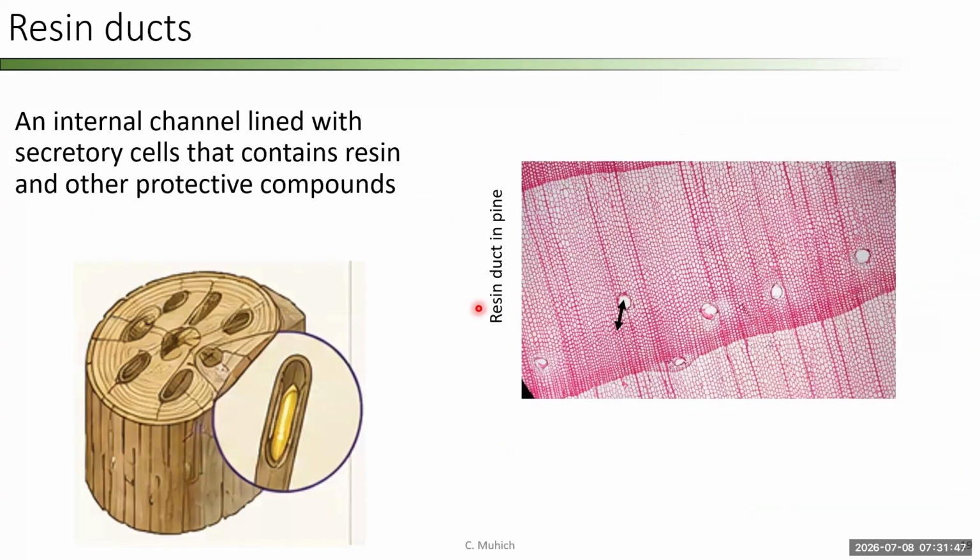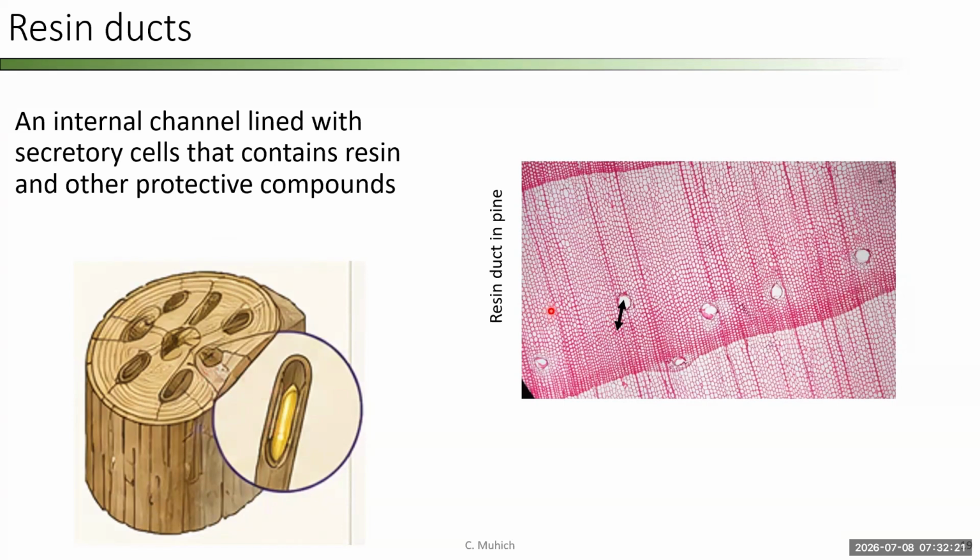The last structure that I want to talk about is a resin duct. This is going to be very similar to an oil gland or oil secretory structure, but rather than being a spherical structure that's very localized, this is an internal channel that's going to run significantly through the plant. So instead of just being a sort of spherical structure, think about like a pipe.